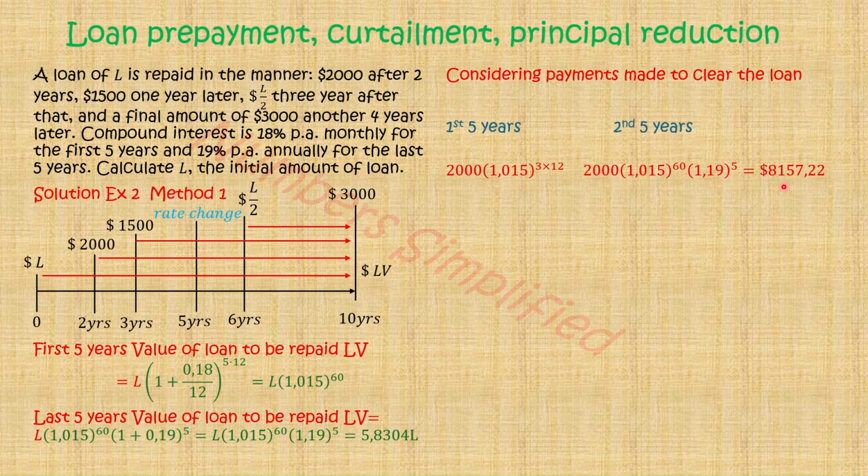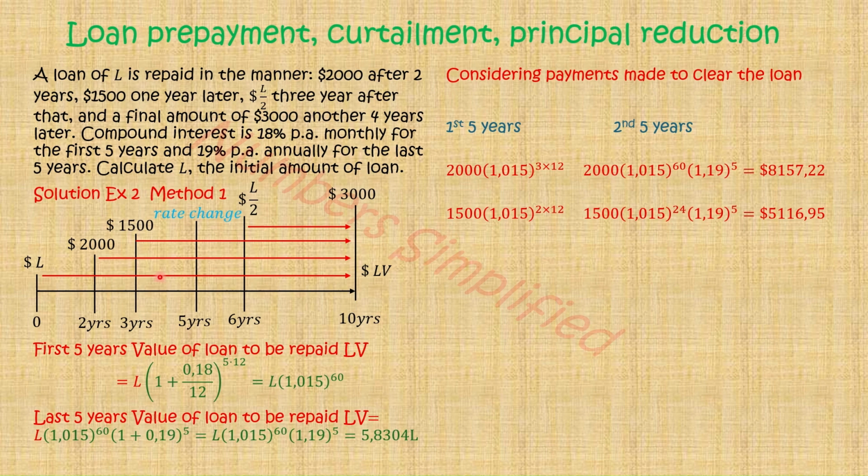And now what we have is similar to what we obtained in the last 5 years for the loan itself, where we added 1 plus 0.19. Therefore, simplifying that, we are going to get $8,157.22.